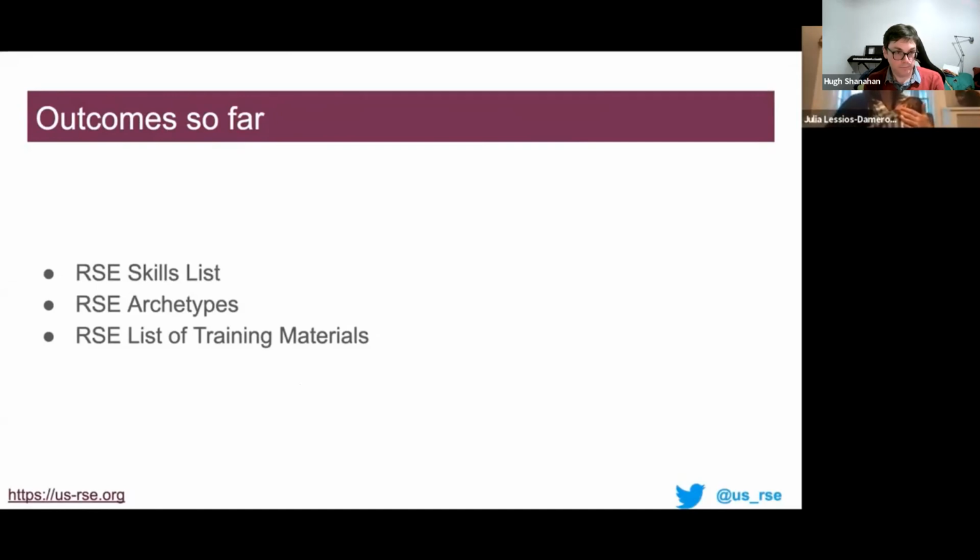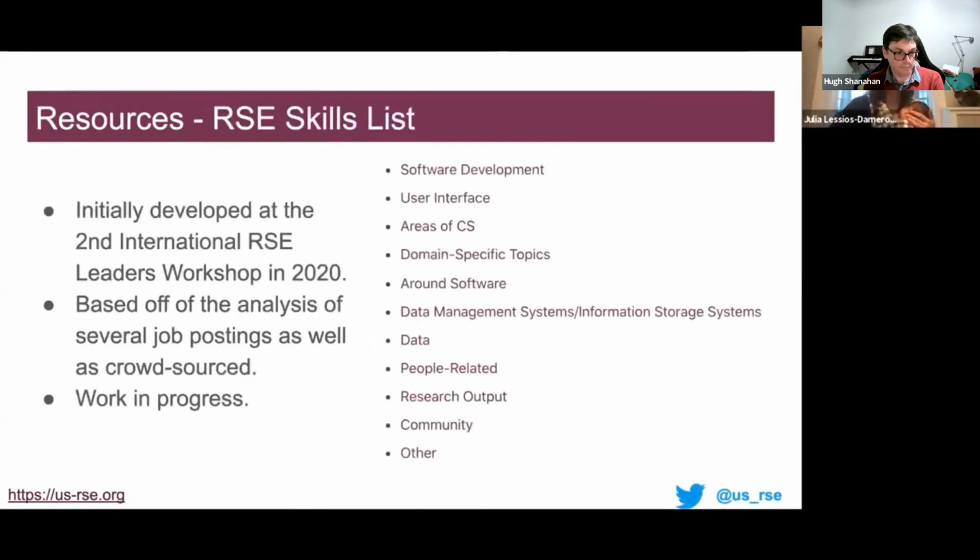We created a skills list that lists skills that many RSEs have. We created a list of RSE archetypes that tries to classify the types of RSEs. And we created a list of training materials that links out to existing training materials for RSEs. I'll briefly talk about those before I go on to talk about what we are planning to do next.